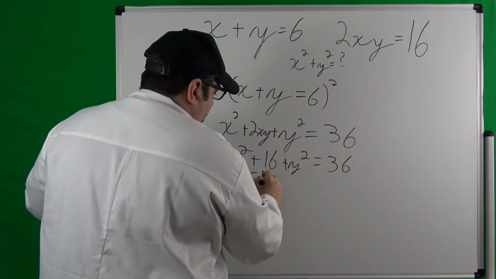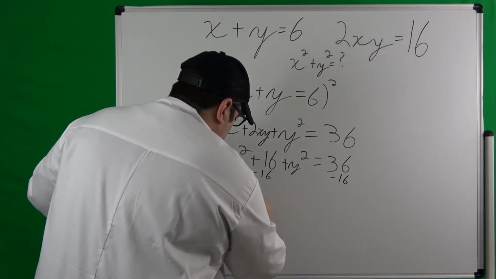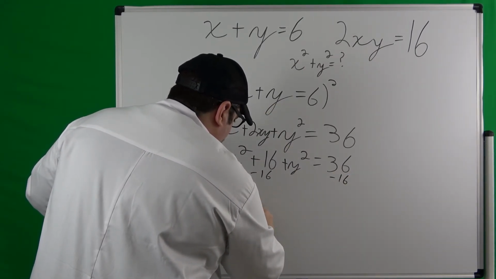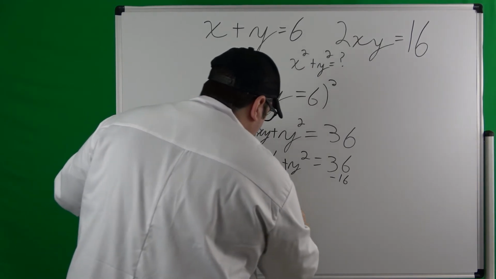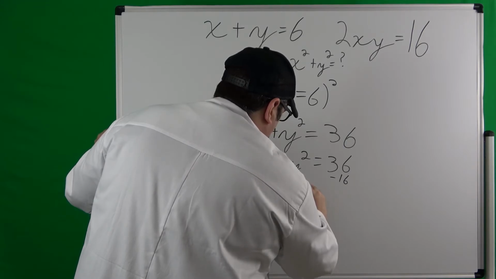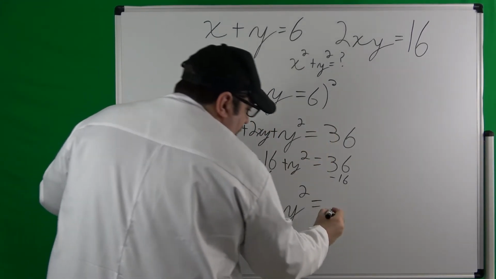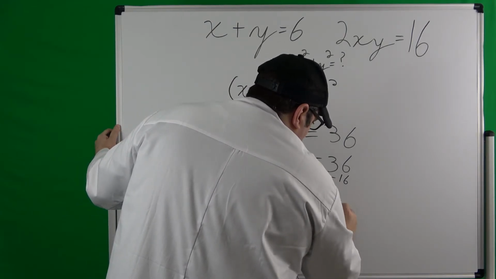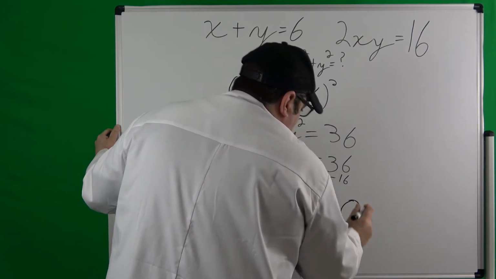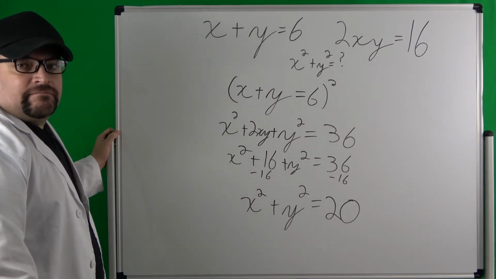We're going to subtract 16. So that leaves us with x squared plus y squared equals 36 minus 16, which is 20. There you go. And that's it.